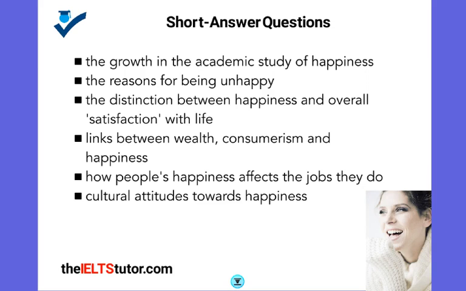Okay, so what I have asked you to do in the last lesson is to try to say which of these general topics the text covers. So if you have chosen the growth in the academic study of happiness, I think you have got your answer right. We'll deal with the other answers later, but let's talk about the growth in the academic study of happiness.